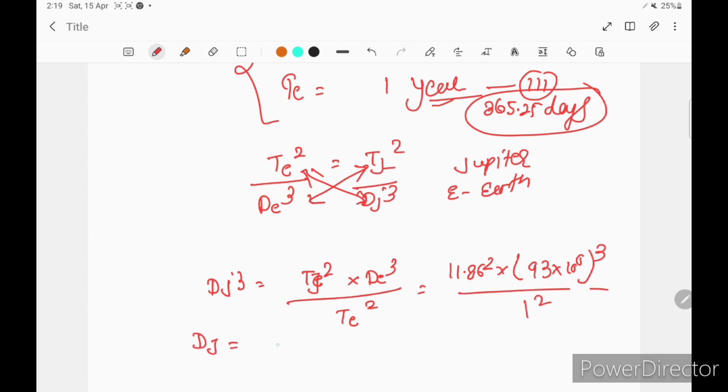So DJ is equal to 483.9 into 10 raised to the 6 miles.